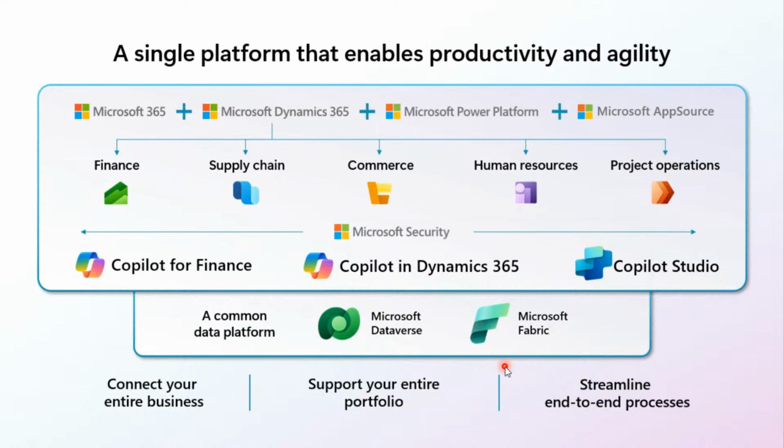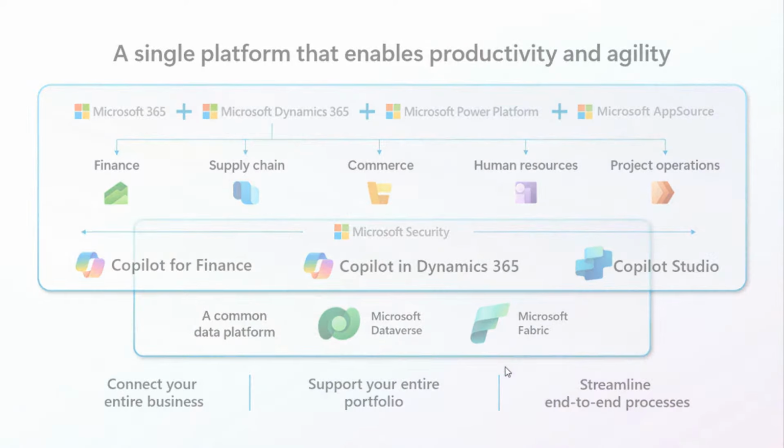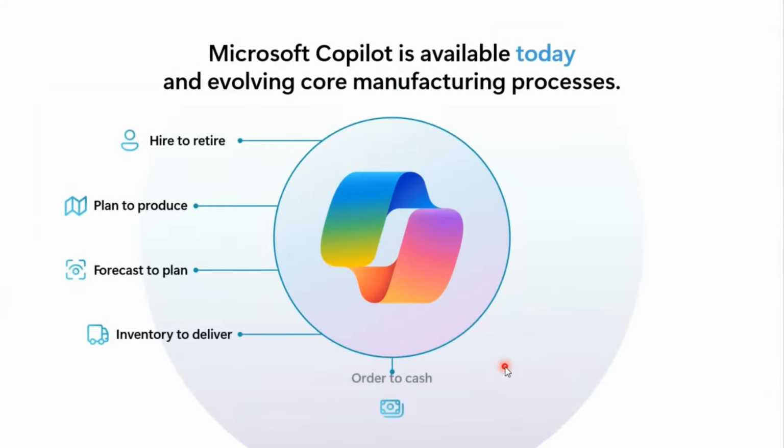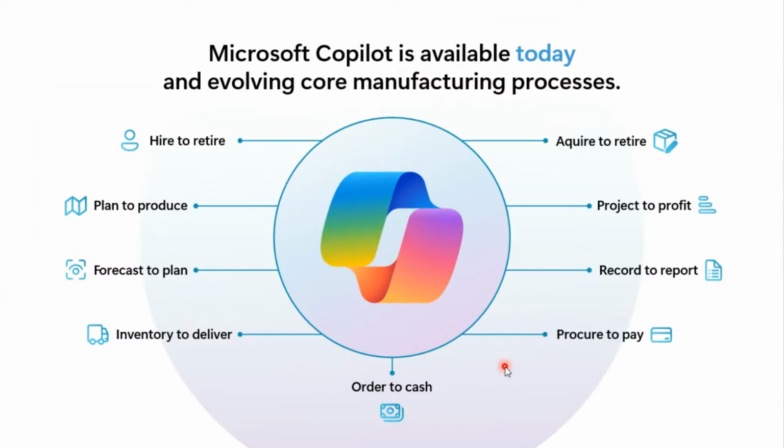Analytics and all. So it helps to connect your entire business, support your entire portfolio, and streamline end-to-end processes of any business organization. So it's all about Microsoft Dynamics 365 and its applications. The next one: when you talk about Microsoft Dynamics 365 or any ERP, these are the important processes, and each and every process has Copilot functionality available.